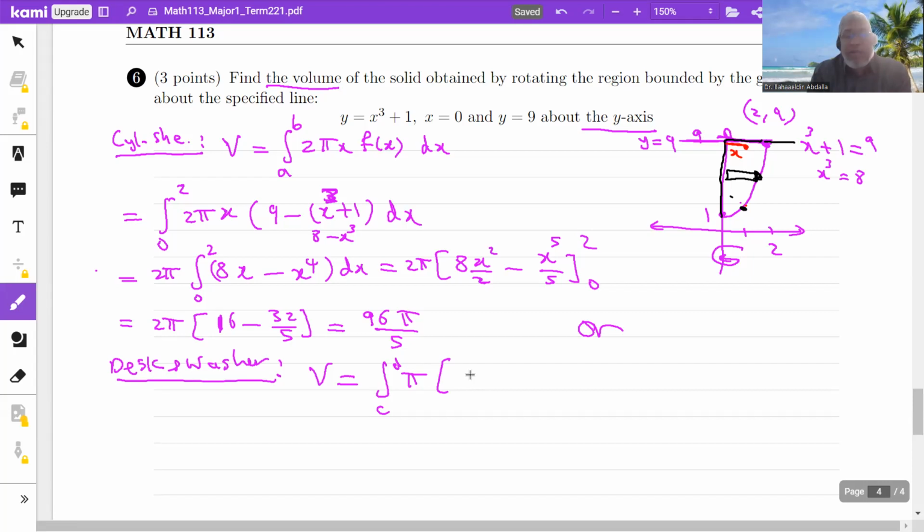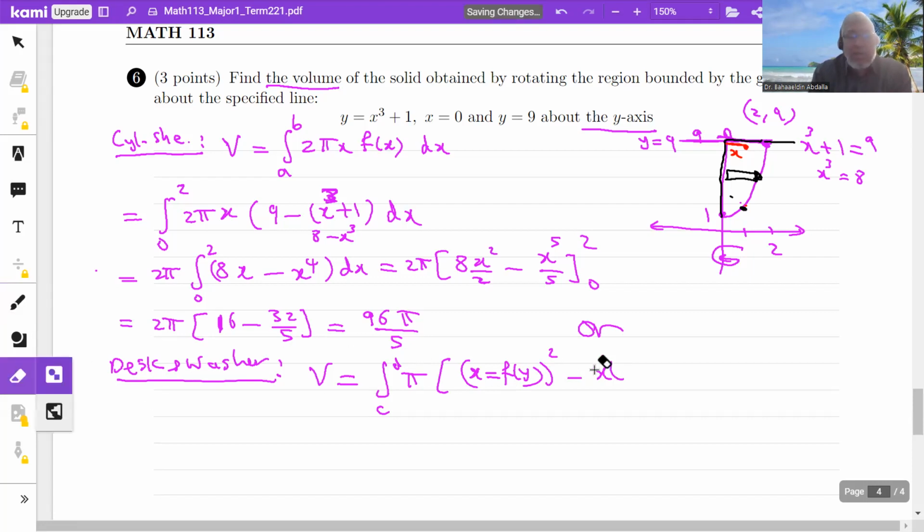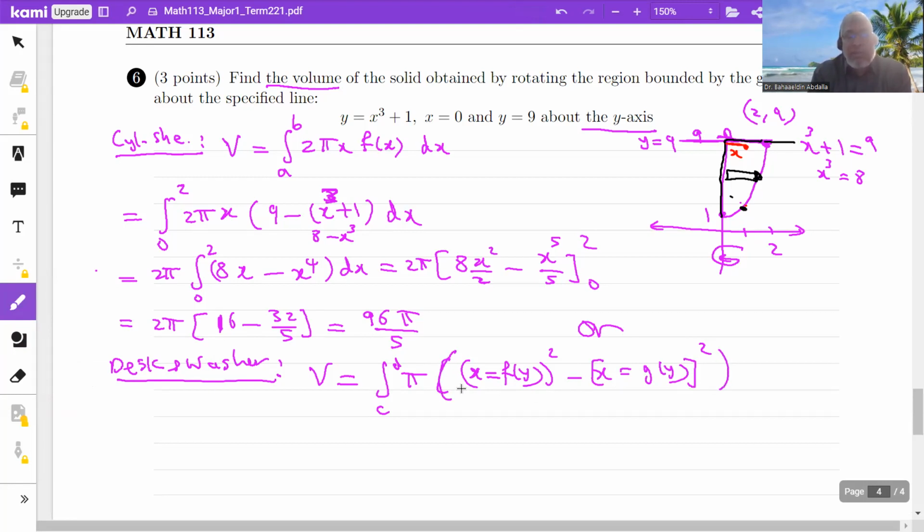And the outer radius would be a function x of y, squared, minus another function x of y. So you have to write the curve as x equals g of y. This is the inner radius. So that's the formula. This is the outer radius squared, and this is the inner radius squared.